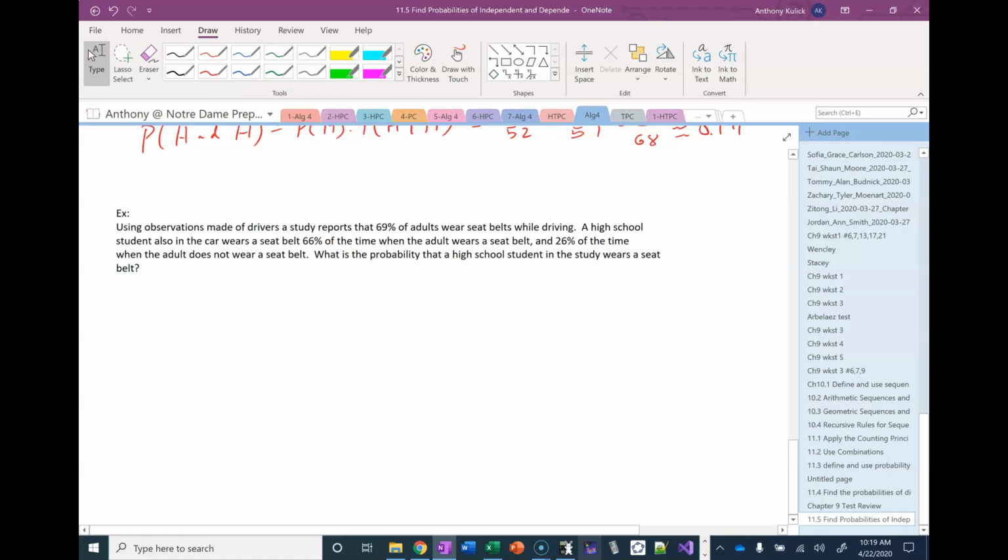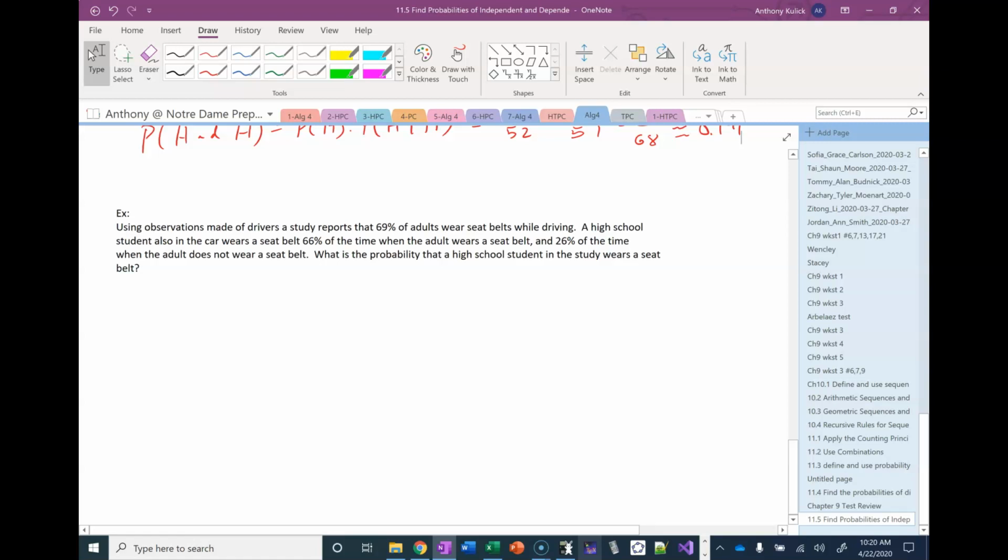A high school student, also in the car, wears a seatbelt 66% of the time when the adult wears a seatbelt, and 26% of the time when the adult does not wear a seatbelt. What is the probability that a high school student in the study wears a seatbelt?